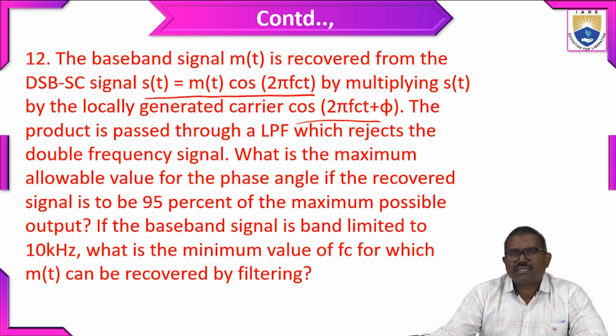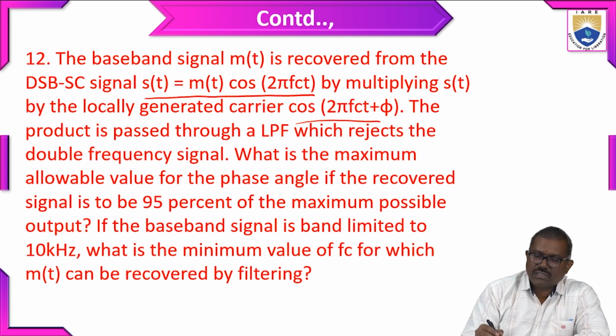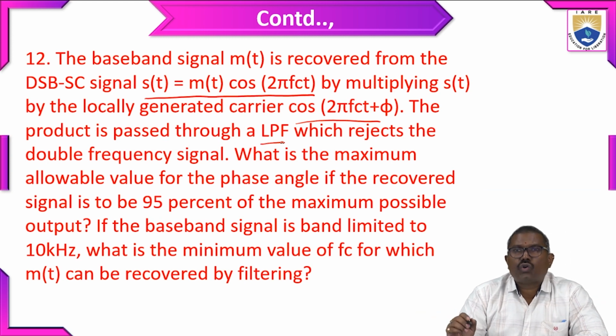This total product is passed through an LPF, which rejects the double frequency signal. Already we know that the LPF allows only the low frequency signal, and it attenuates or rejects the high frequency signal. So this problem is based on detection.